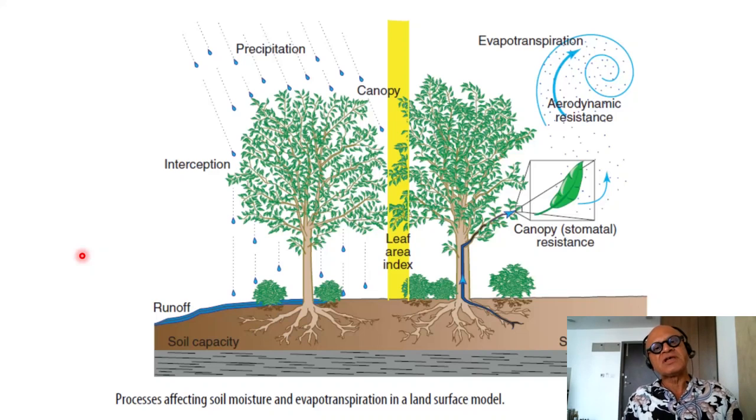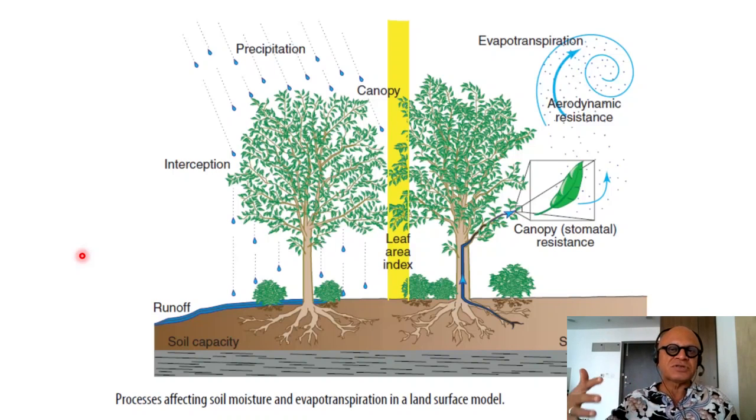Those are typically picked up from satellites like MODIS, Moderate Resolution Imaging Spectroradiometer, which gives land use types at some resolution in time and space. Typically people are either prescribing it year to year, season to season changes during an integration, or taking a climatology of it and prescribing it for longer integrations.